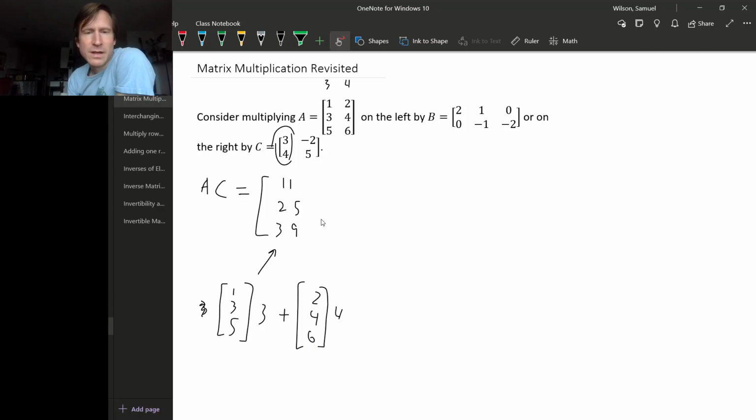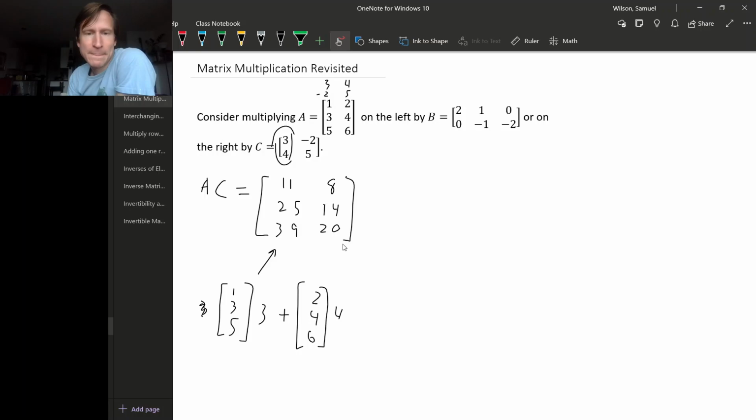Right? And then if we work out the next column of A times C, we're going to use minus 2 and 5. So minus 2 times 1 plus 10, so that's 8. And then minus 6 plus 20 is 14, sorry. And then minus 10 plus 30 is 20.